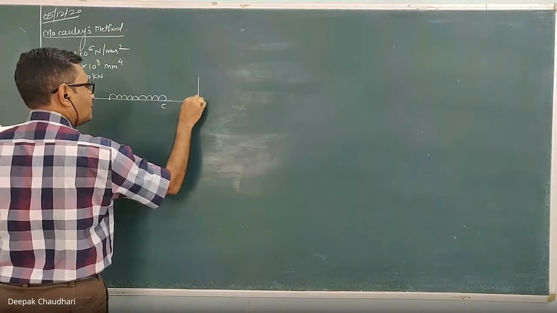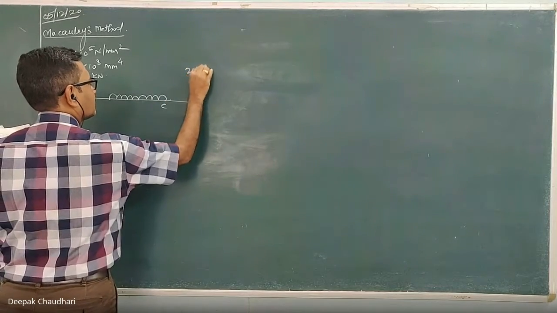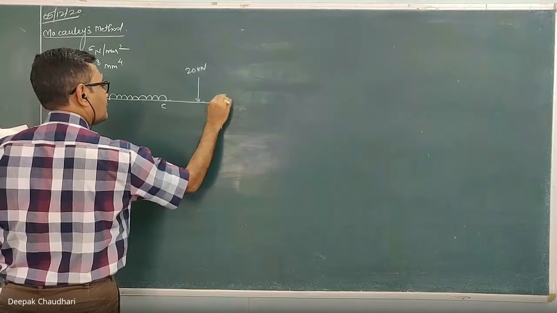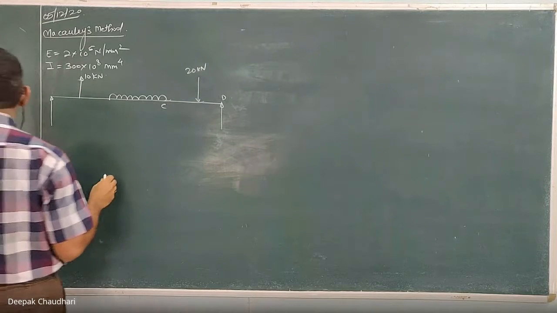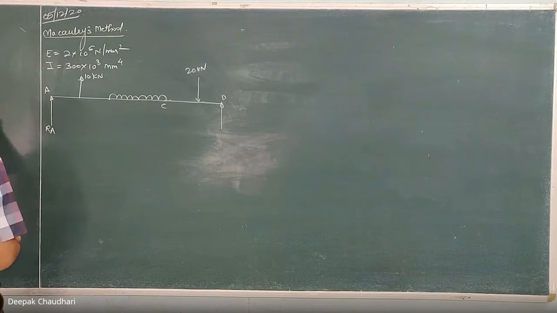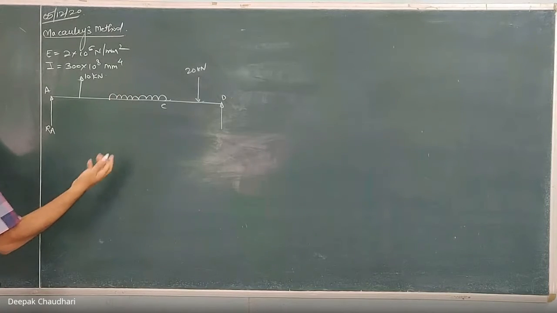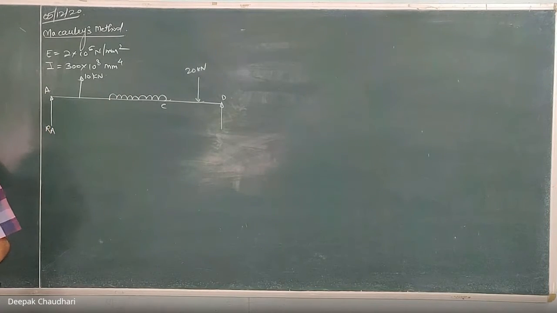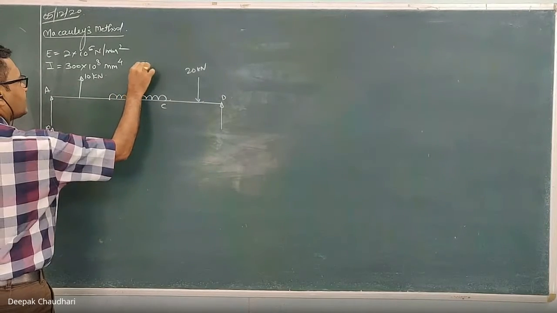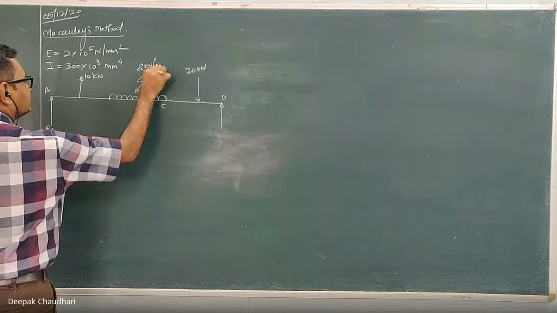Here there is a downward force of 20 kilonewton. And this support is D. Here roller support. This is point A. This is the hinge support, but since there is no inclined force or horizontal force, the horizontal component is 0. The intensity of this UDL is 8 kilonewton per meter.